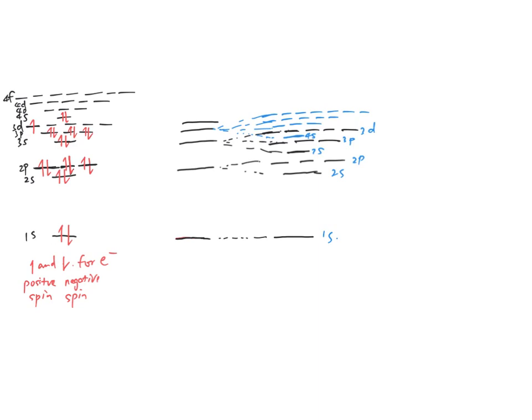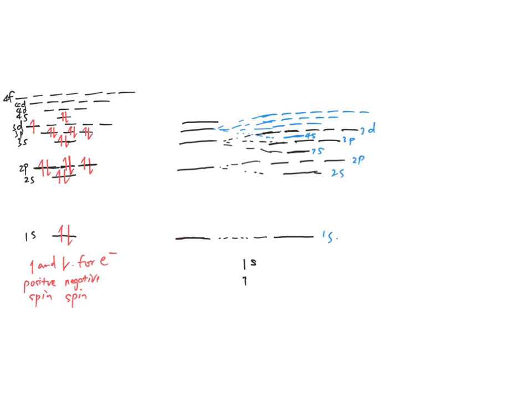I actually have a very easy way for you to know exactly which orbital you fill up first. It goes like this. You can draw a triangular diagram on your paper.